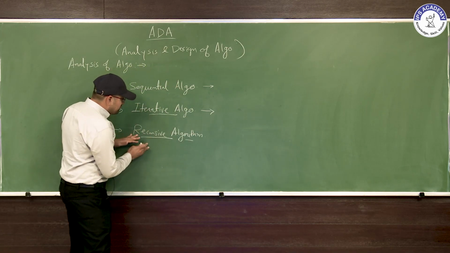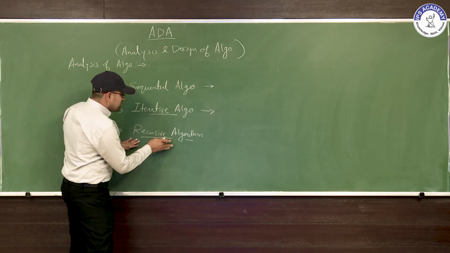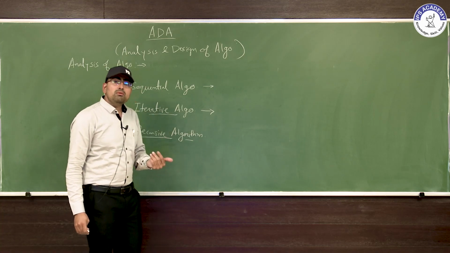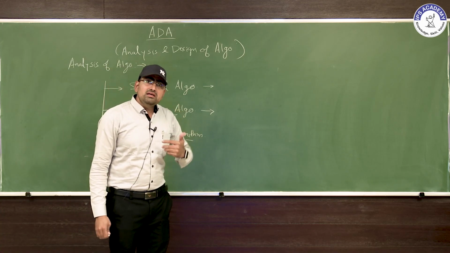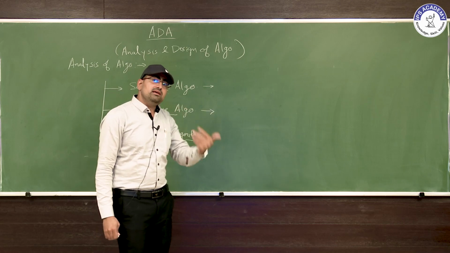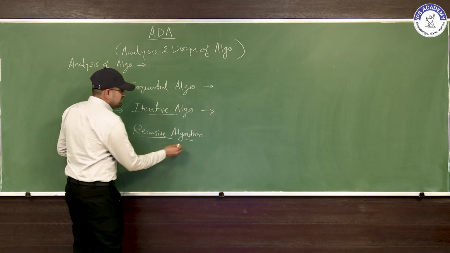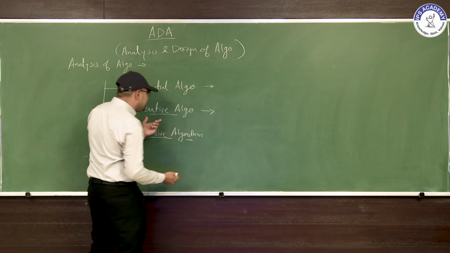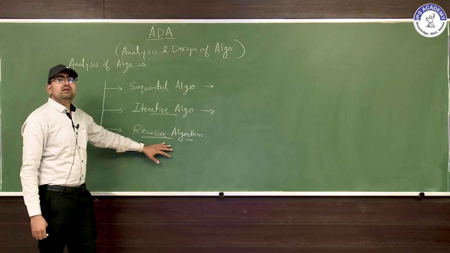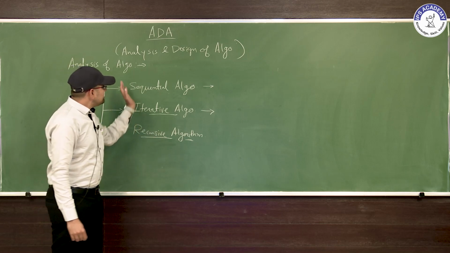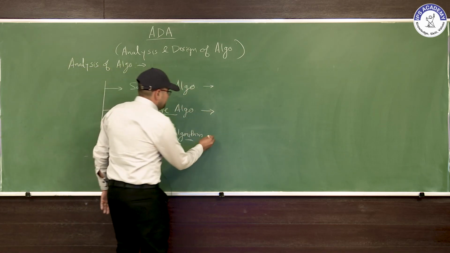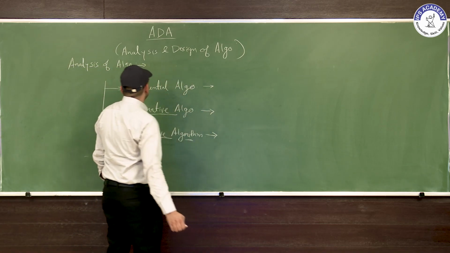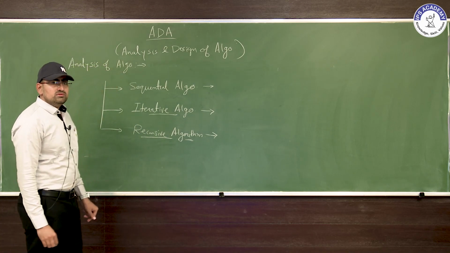It is the strategy where we solve the problem by calling the algorithm itself again and again. So this is recursive algorithm, and that is again less efficient than the iterative algorithm. So these are the three categories we are mainly going to discuss for analyzing an algorithm.